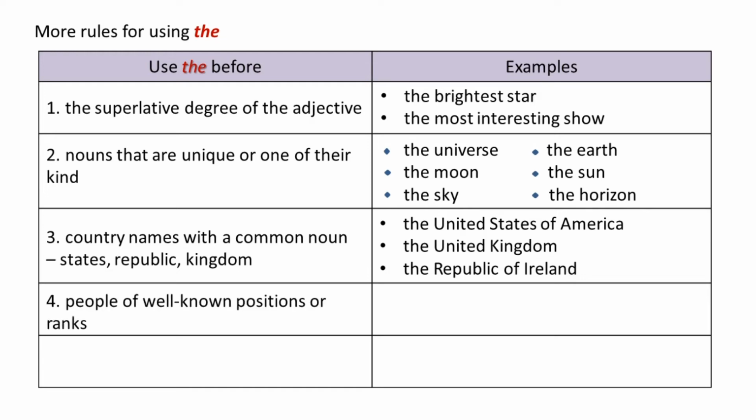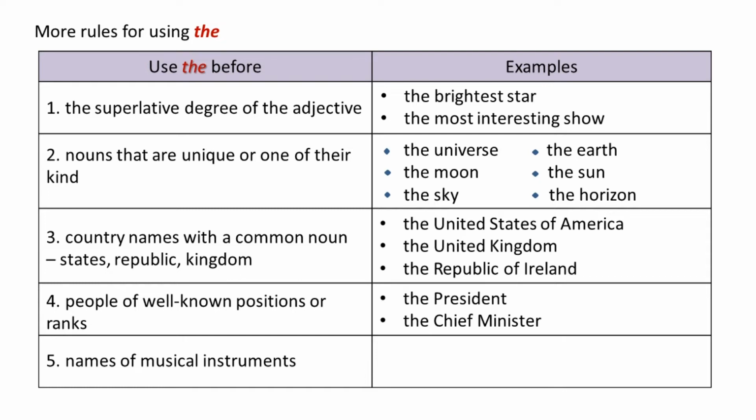Fourth rule will be use the before people of well-known positions or ranks like the president, the chief minister. And another rule is names of musical instruments. Use the before the names of musical instruments like the tabla, the piano, the violin, etc.